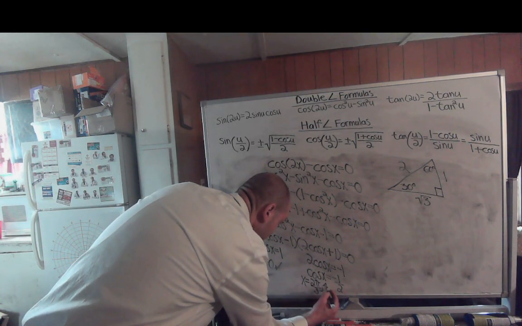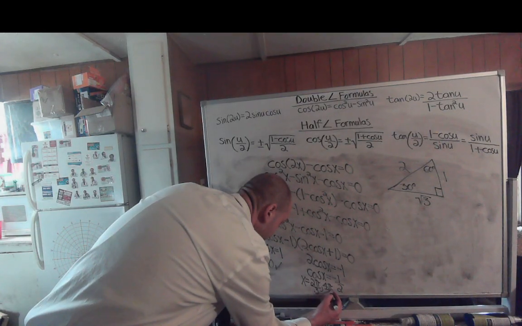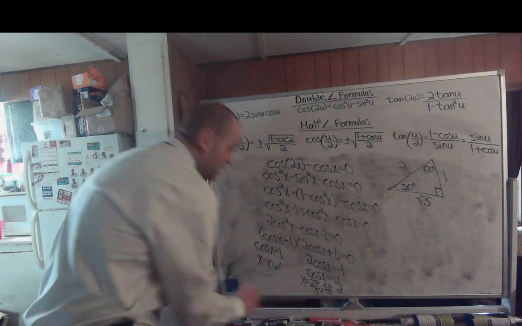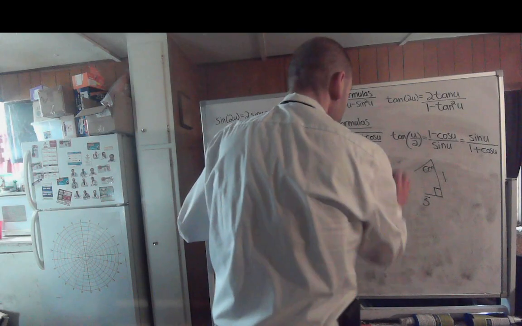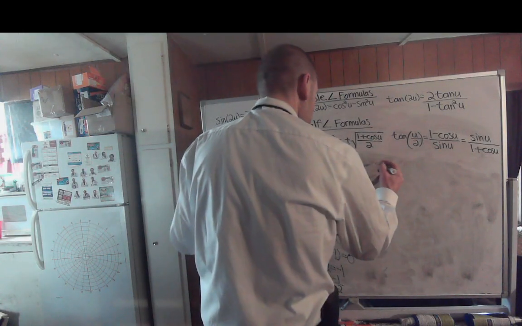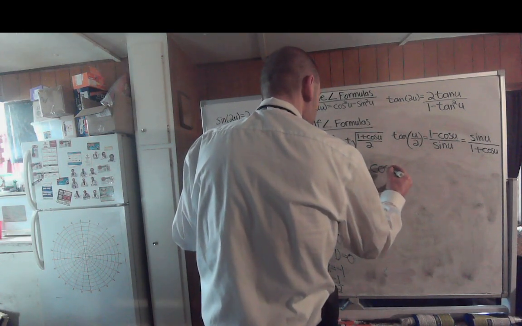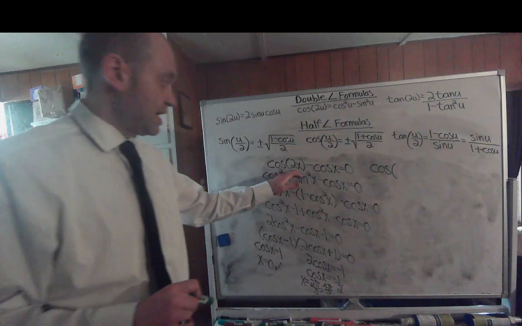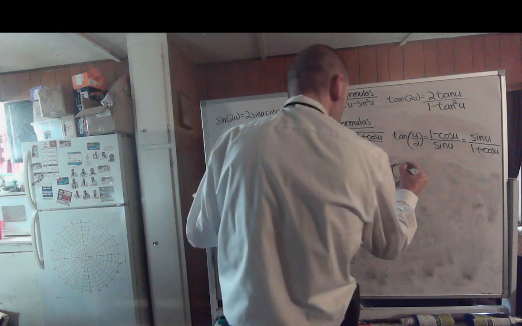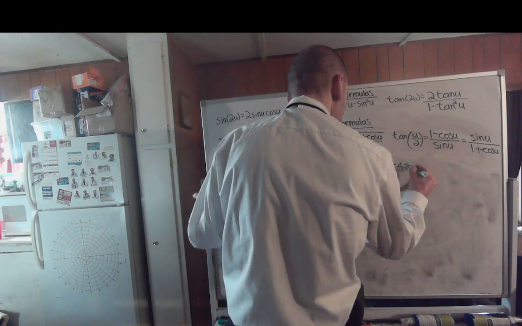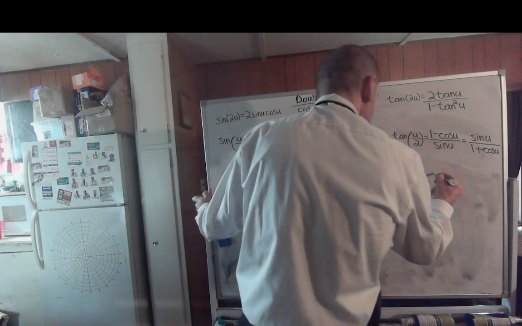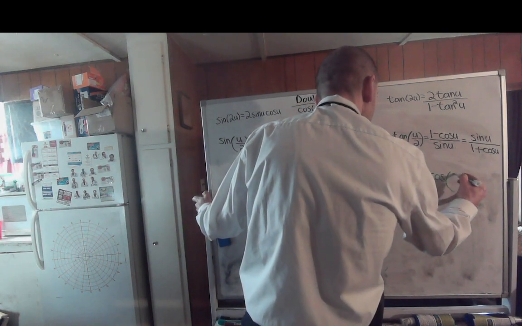But we need to check the 2 pi over 3 and the 4 pi over 3 for extraneous solutions. So let's go ahead and do that real quick. Let's deal with 2 pi over 3 first. So 2 pi over 3 times 2, that would be the cosine of 4 pi over 3 minus the cosine of 2 pi over 3.